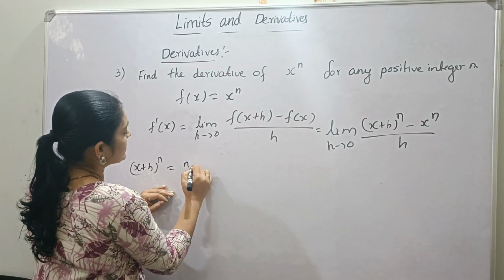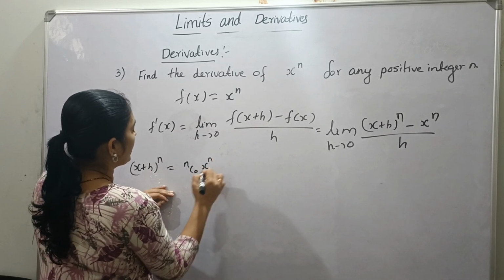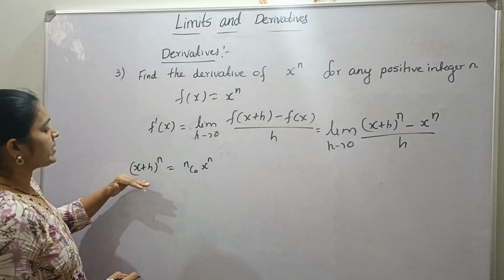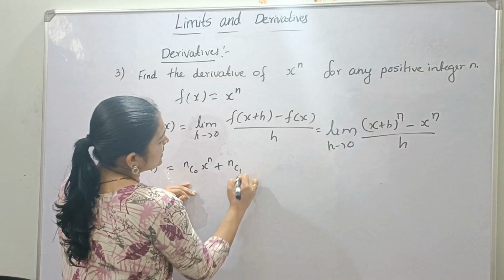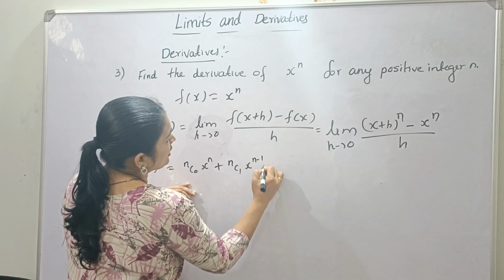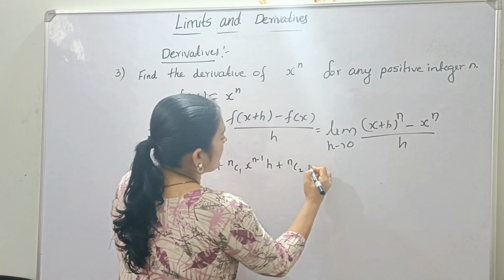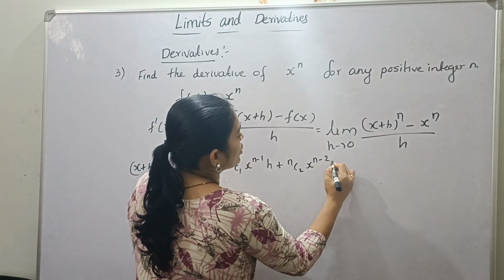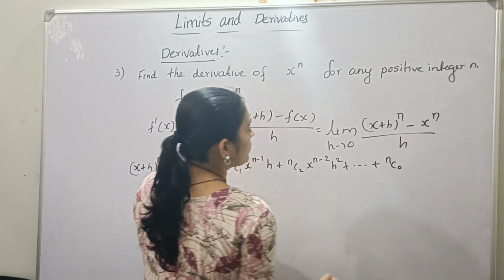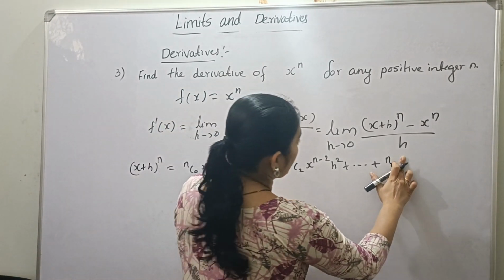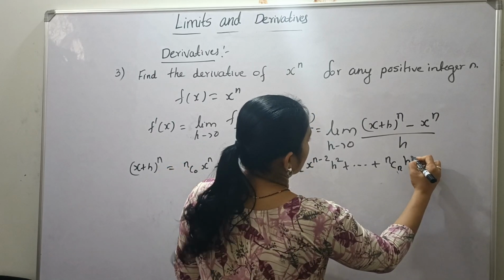We have already studied this in binomial theorem: x plus h whole raised to n is nC0 x raised to n plus nC1 x raised to n minus 1 into h plus nC2 x raised to n minus 2 into h square plus and so on, plus nCn h raised to n.